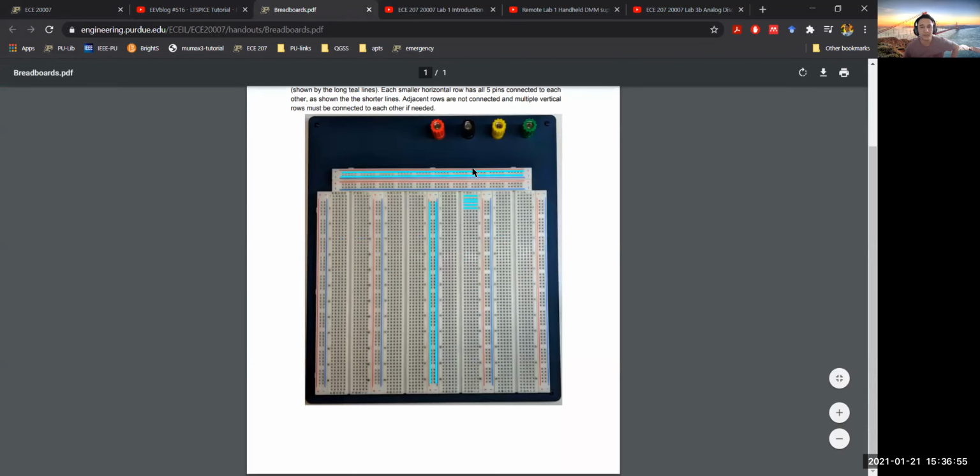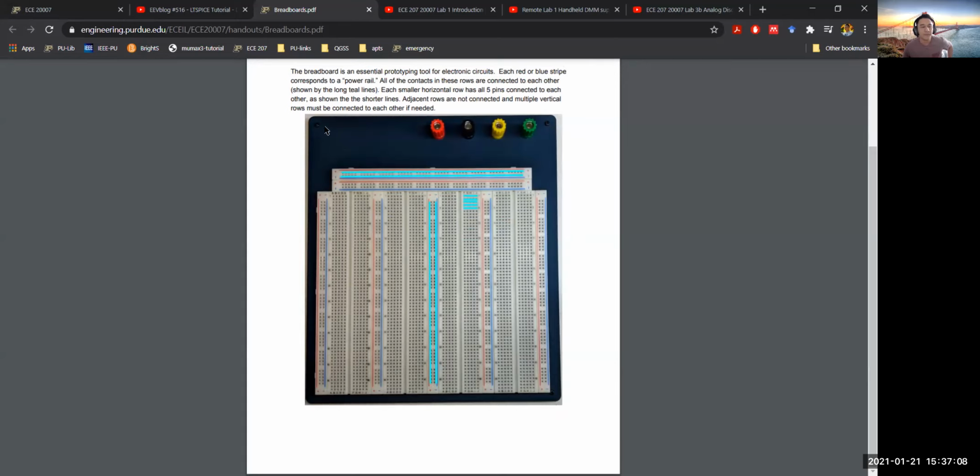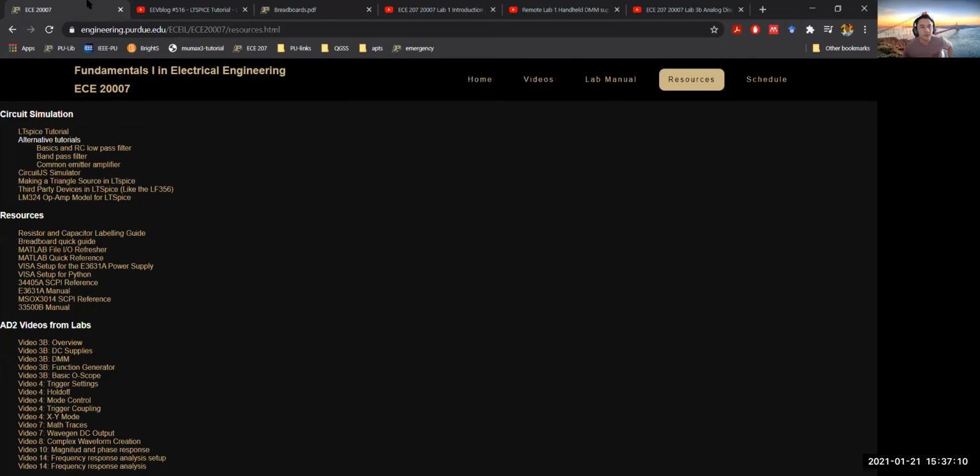This is a breadboard, and this is where you will construct circuits with your resistors and everything. You need to start learning how this works and how to efficiently build circuits on it. So those are the resources you have. Just make use of them, and let me know if you have any questions.